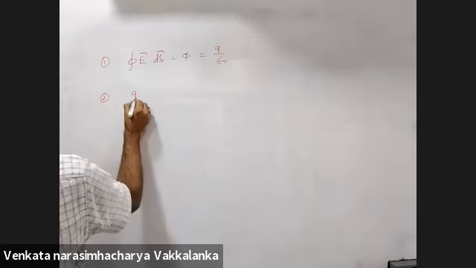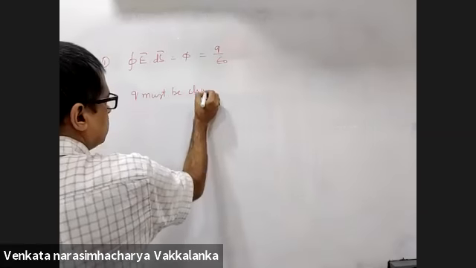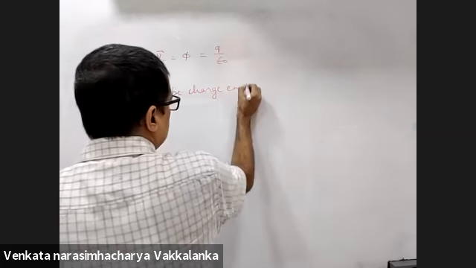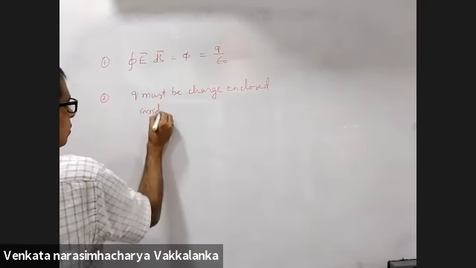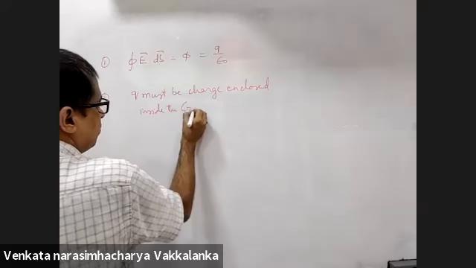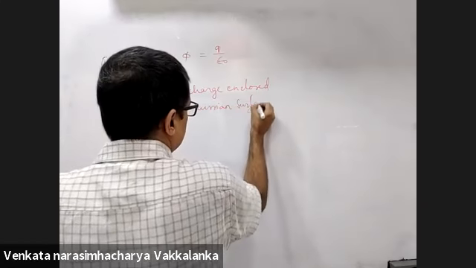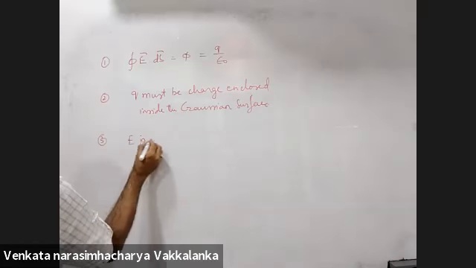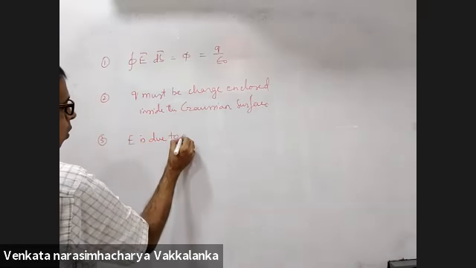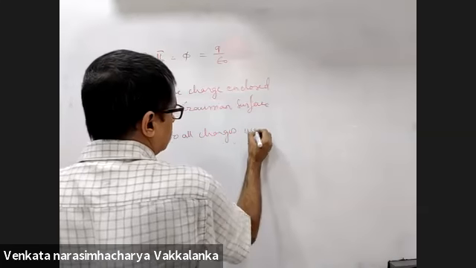Second point, Q must be the charge enclosed inside the Gaussian surface. Agreed? Yes, sir. Third point, we said field is due to all charges within the vicinity.